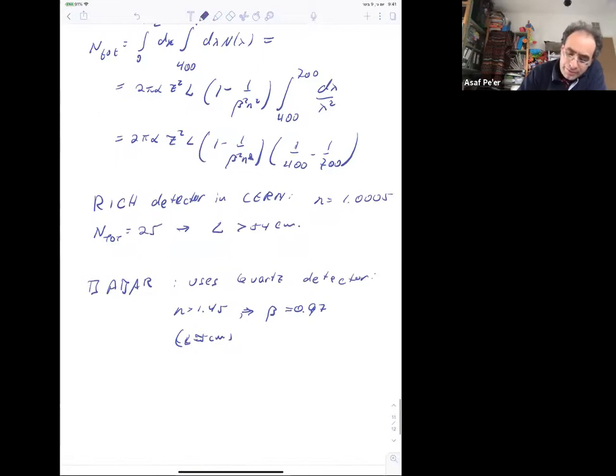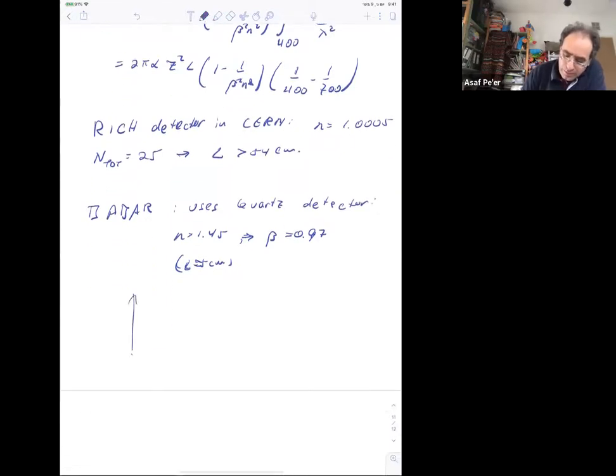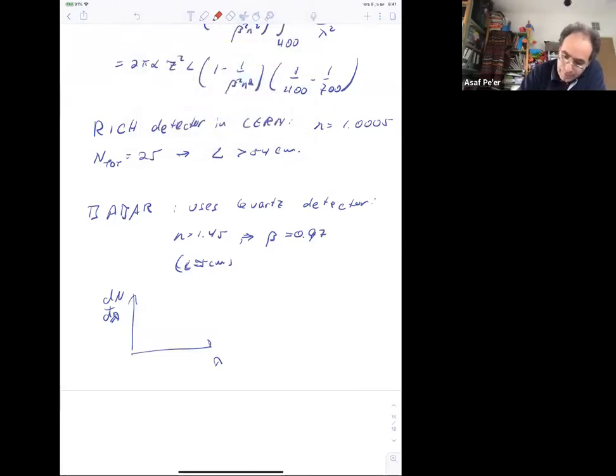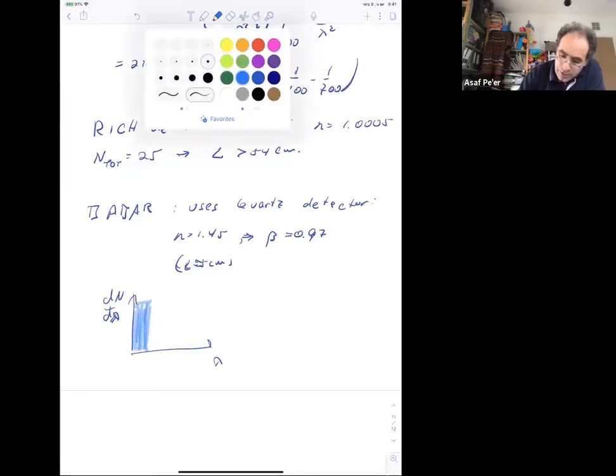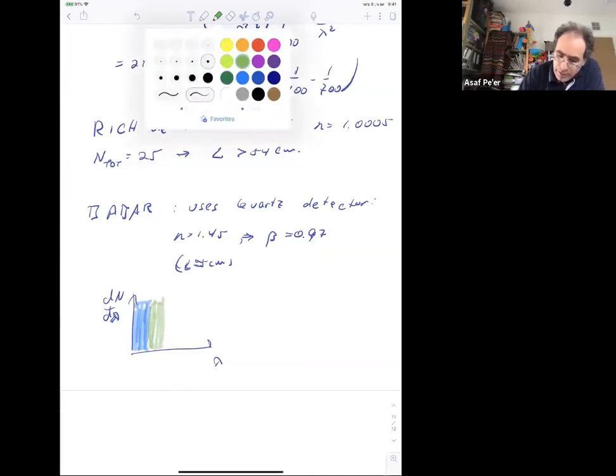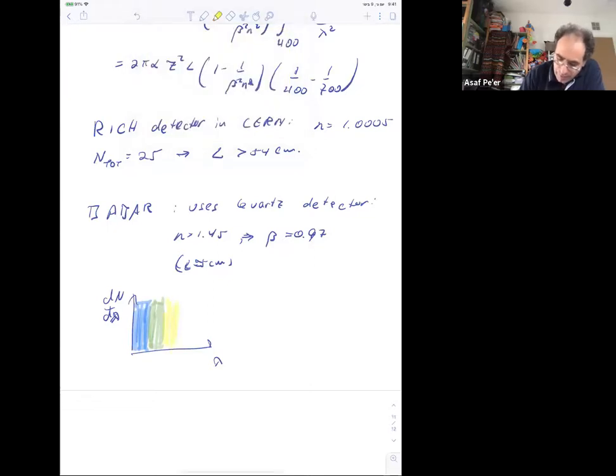Because if I plot lambda versus dN over d lambda, this is the blue region, next to it will be a green region, next to it a yellow region, next to it a red region. And 1 over lambda squared dependence means that it looks something like that.